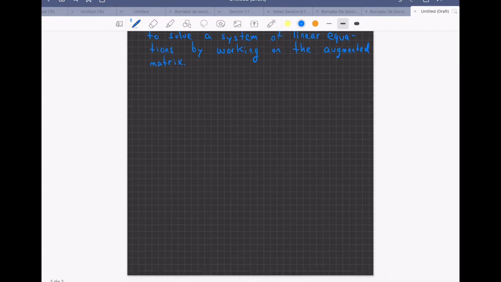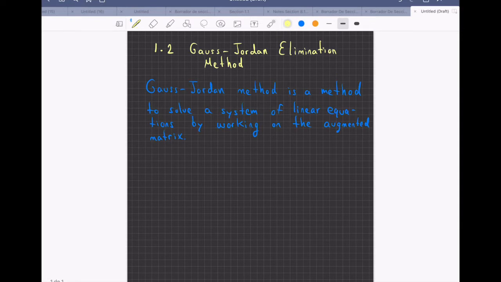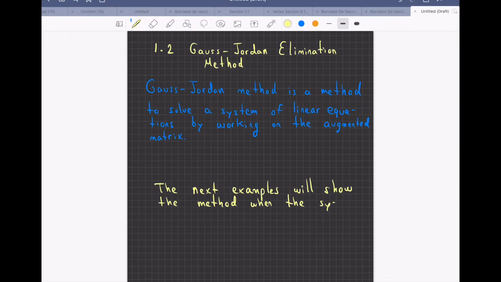All right. In the next videos, I'm going to show a couple of examples to explain the method in detail, but we are going to assume the next examples will show the method when the system has a solution.